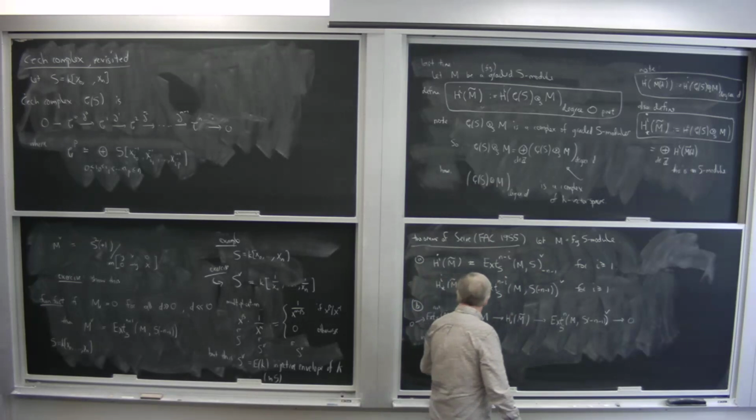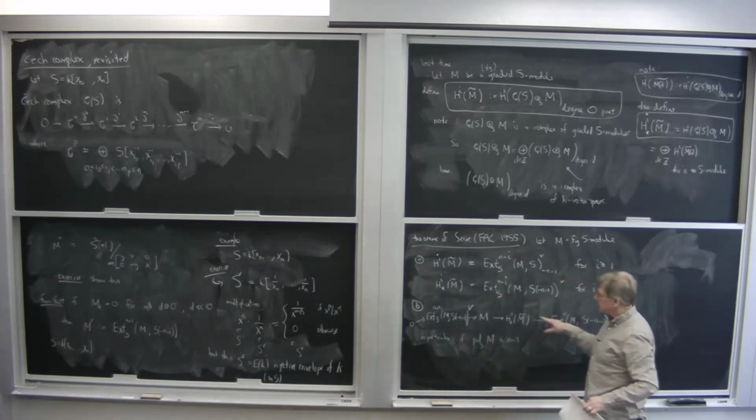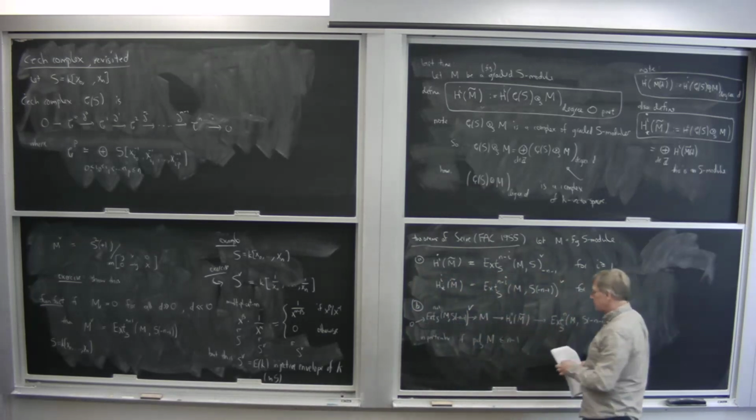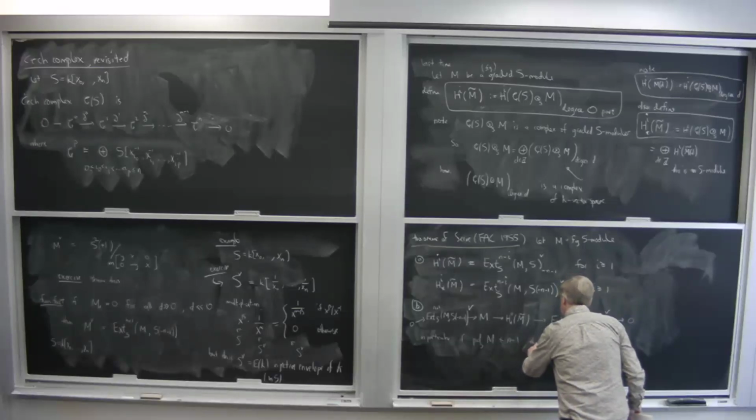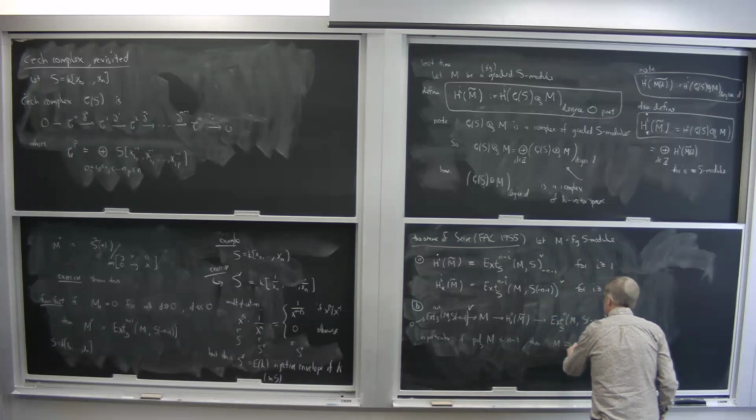But another time that you can say it is if the projective dimension over S of M is less than or equal to n minus 1. In other words, that means these two Ext are 0. Then, in fact, this natural map from M to H0 lower star of M tilde is an isomorphism.